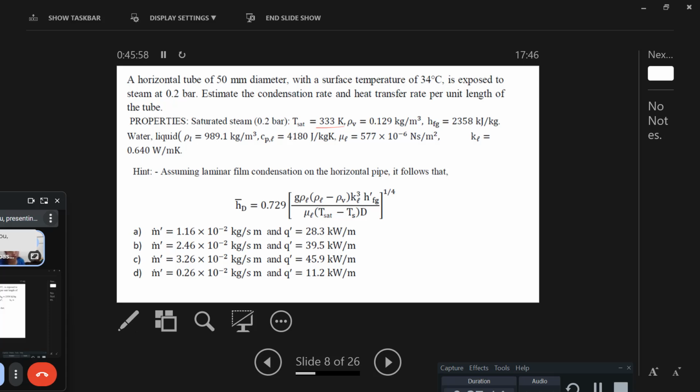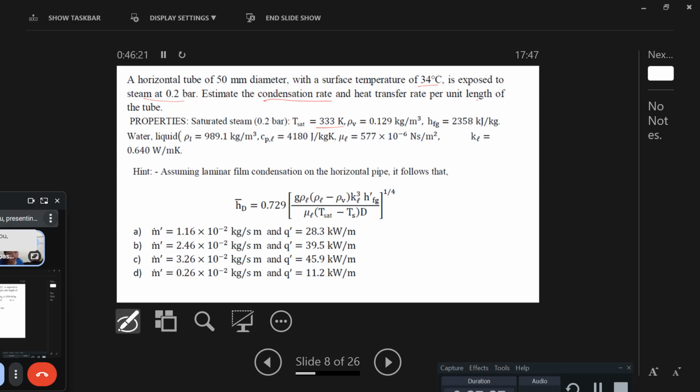Horizontal tube of 50 millimeter diameter, that means 0.05 meter, with a surface temperature of 34 degrees Celsius is exposed to steam at 0.2 bar. Estimate the condensation rate and heat transfer rate per unit length of the tube. Again, the same thing you have to find out.